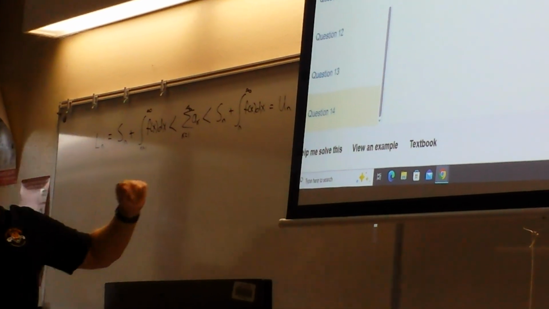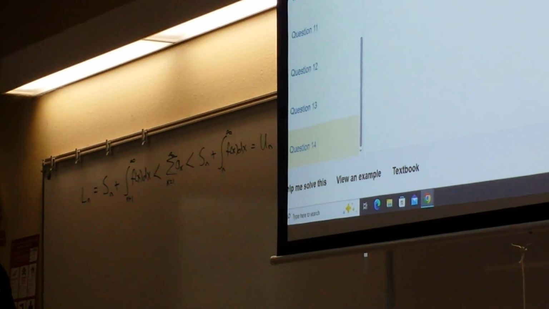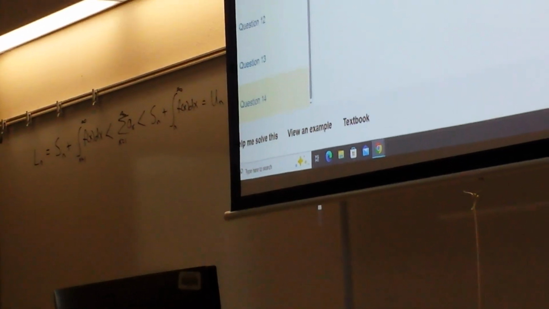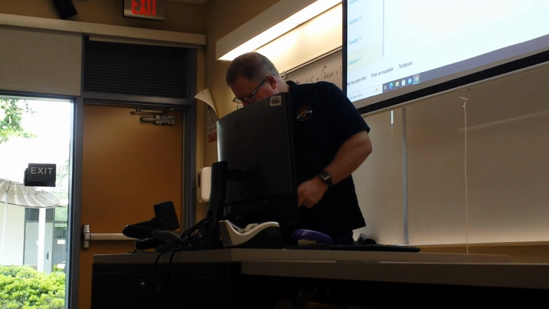Maybe we ought to do this. Upper bound for the remainder in terms of n. I have it in my notes. It's the same as 13. I know it's the same. I've got to remember how to set this up.